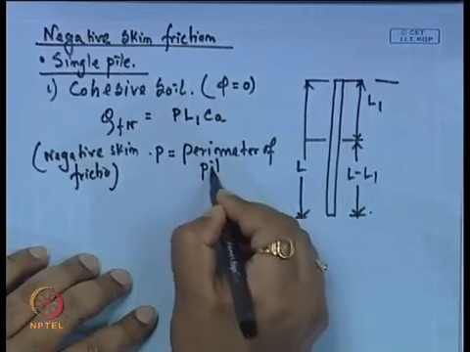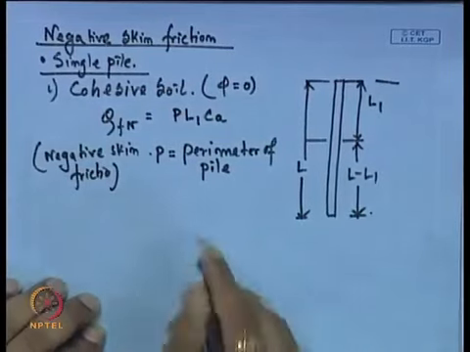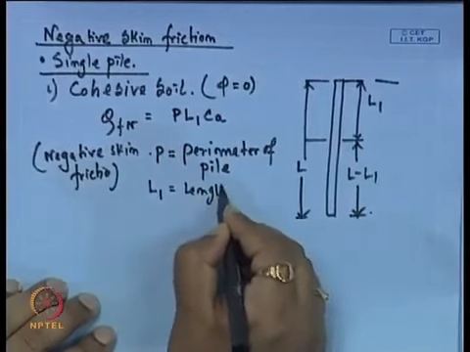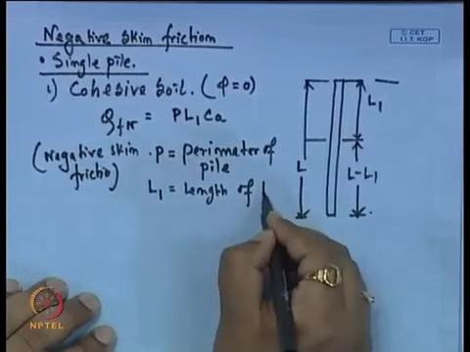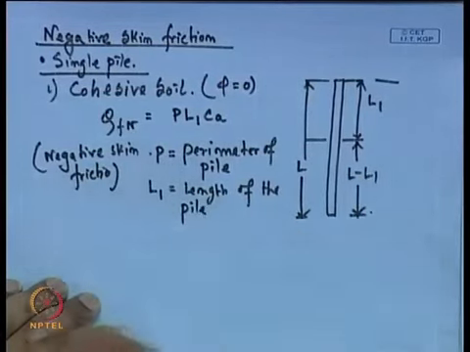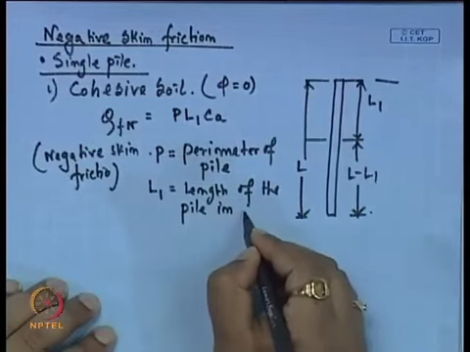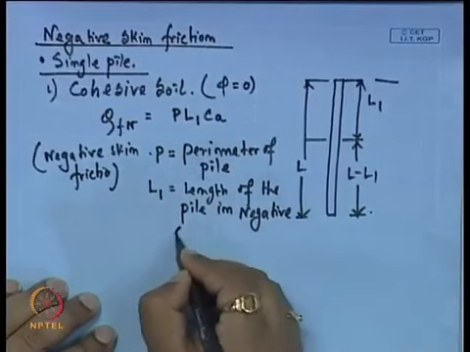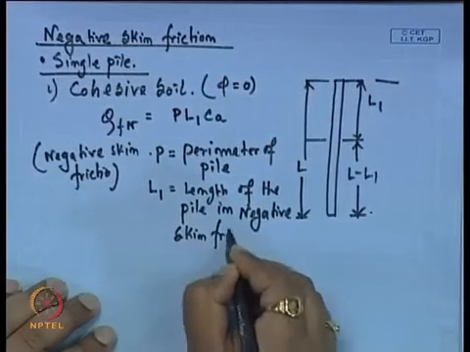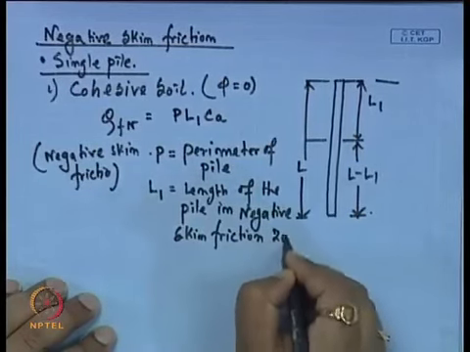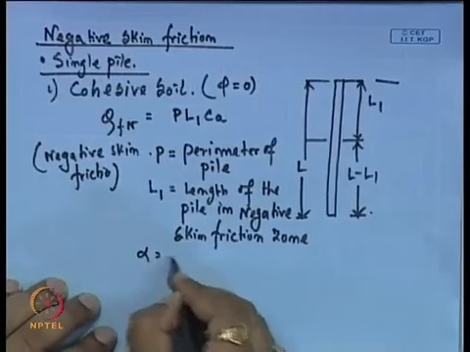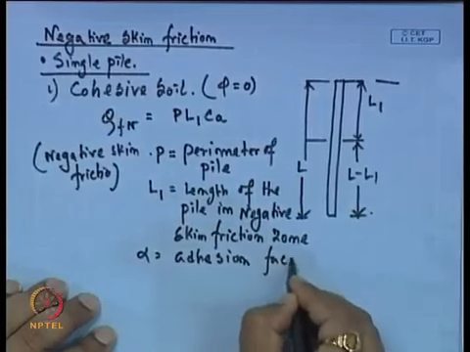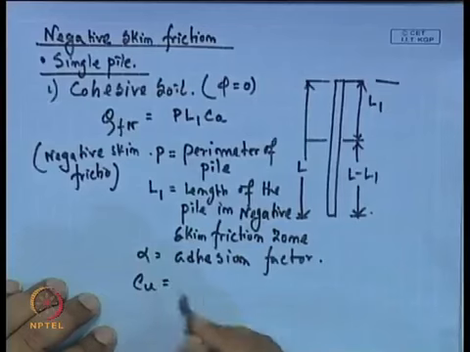the perimeter of the pile, L 1 is the length of the pile in the negative skin friction zone, alpha is the adhesion factor, and C u.